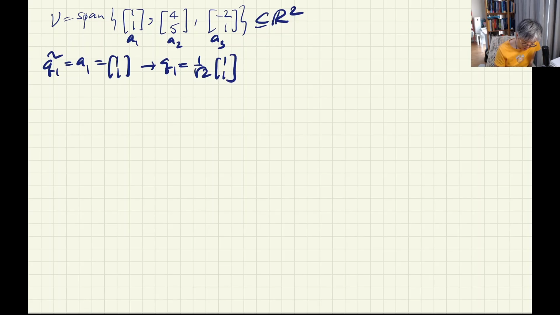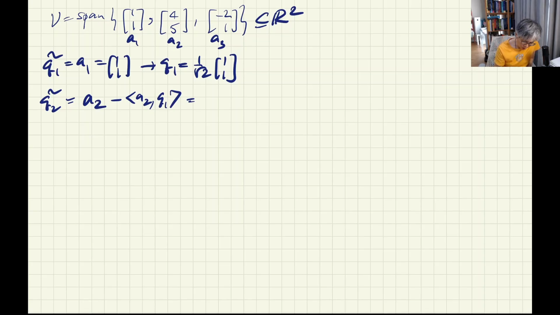Next, Q2 tilde is to take the next input vector A2 and subtract the projection of A2 onto the previous Qs. Now you only have one Q, so you project onto Q1.